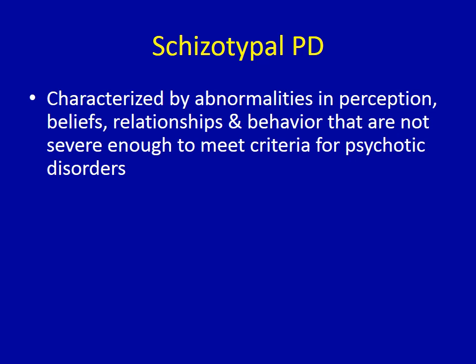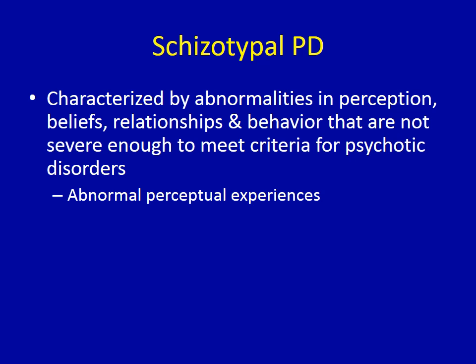So what do I mean when I say that we have abnormalities in these domains that are not fully psychotic? Well, one thing that you might see are abnormal perceptual experiences that don't rise to the level of severity that they would be considered full hallucinations. So for example, an individual might report that they tend to see shadowy figures out of the corner of their eyes, but they're not fully experiencing visual hallucinations.